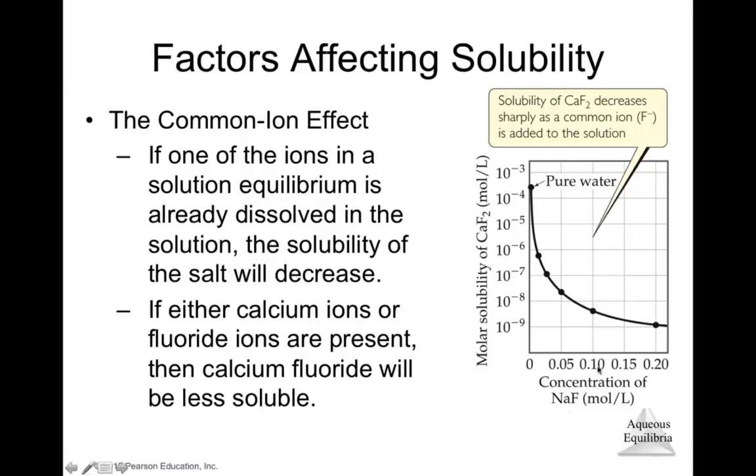Okay, and as we increase that concentration, the effect of the common ion on the solubility of the calcium fluoride is greater. It will decrease dramatically from this point to this point as we increase the concentration of that common ion. It could be fluoride or it could also be calcium. So any of those that you add to the system will affect the solubility of the calcium fluoride.